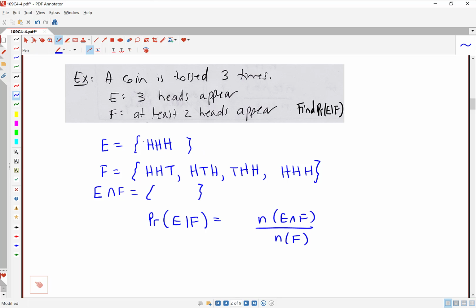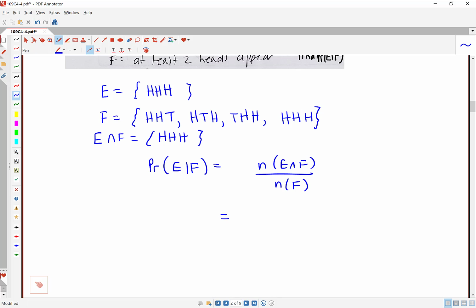Anything that lies in both E and F would be just a single outcome, HHH. So the number of things in E intersect F is just 1 outcome, divided by the number of outcomes in F, which is 4. So 1 out of 4, or as a decimal, 0.25.